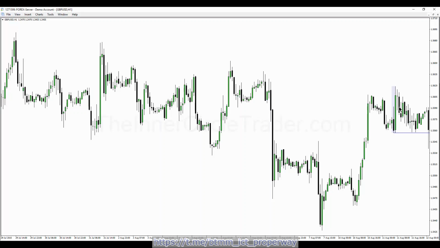Okay, so we have that range here, and we can duplicate that and give ourselves our downside objective for the retail-minded crowd. So retail is going to think this breakdown here is going to lead them down to 155 or thereabouts in this range here. So retail is going to expect a range expansion down to a low of 154.95.